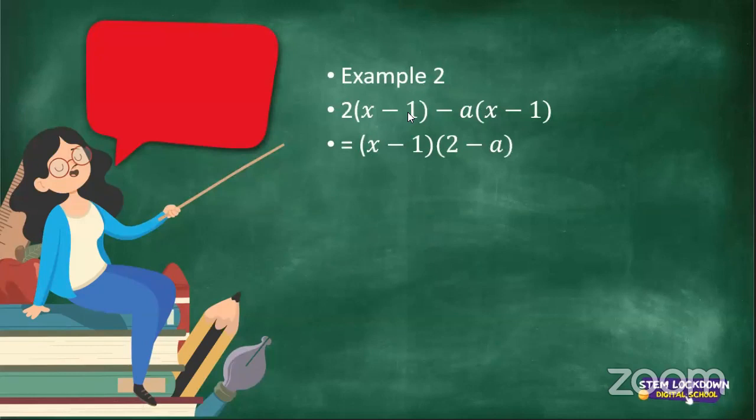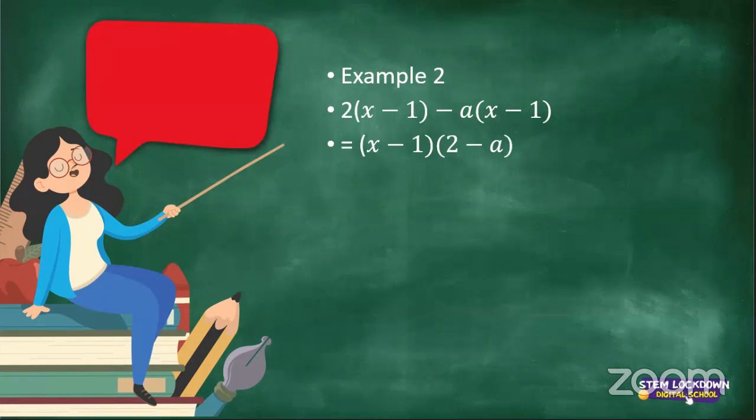It appears here in the first term. It also appears in the second term. Now, at this point, you can take out the common factor, and correctly so, that will be x minus 1.